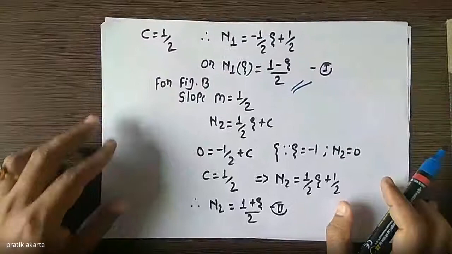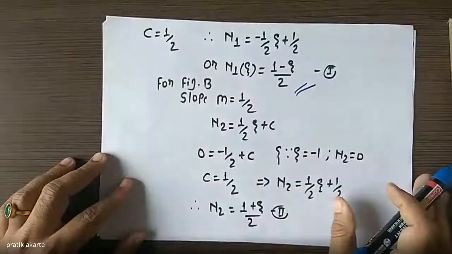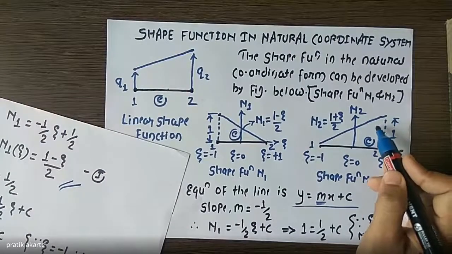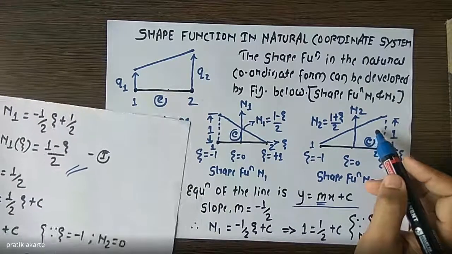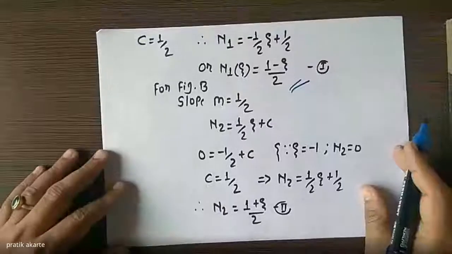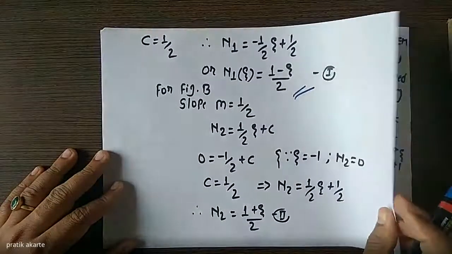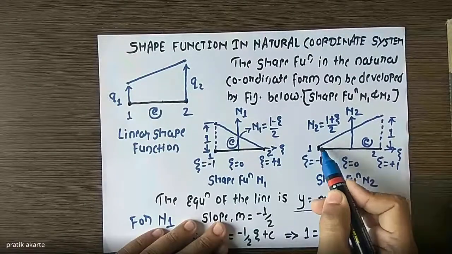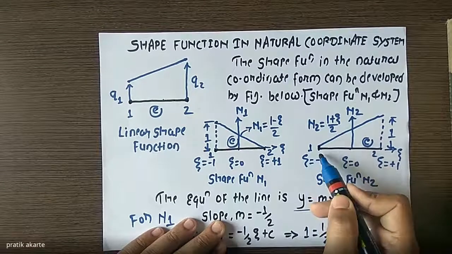Similarly, from figure B, the slope is 1 by 2. Since the line has a positive slope, we have slope plus 1 by 2. Put these values over here, and then put the value of N2 as 0. At zeta equal to minus 1, what will be the value of N2? It is 0.